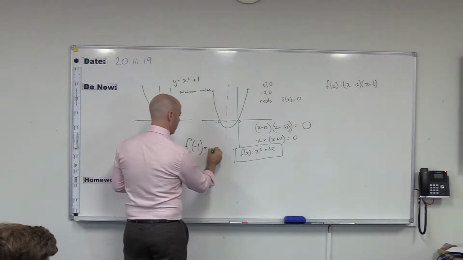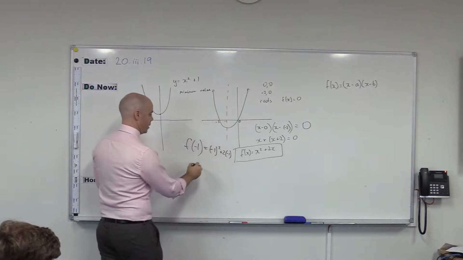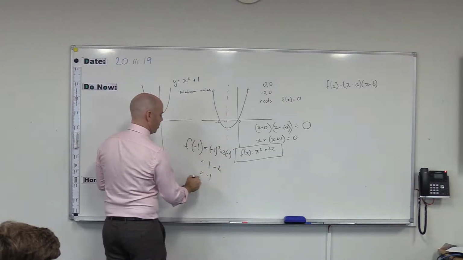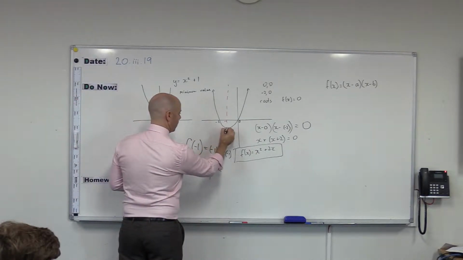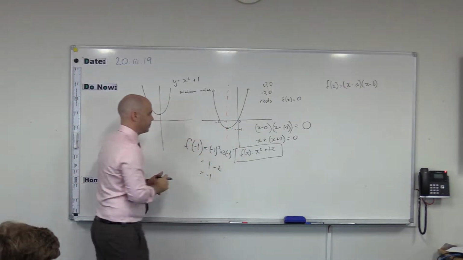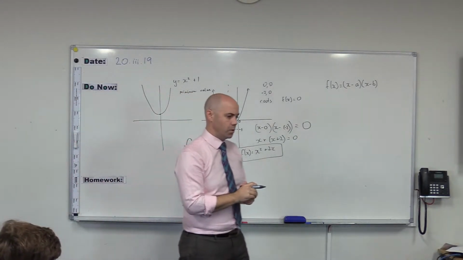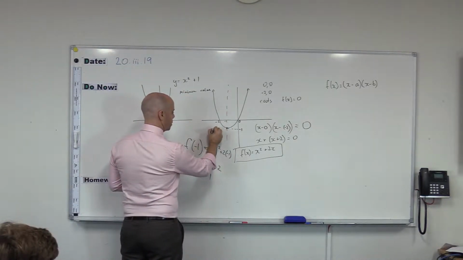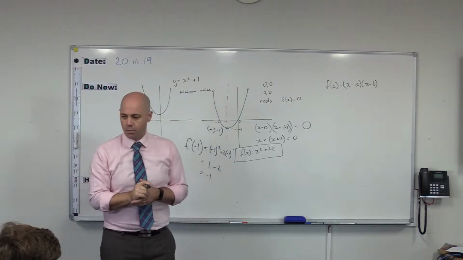Okay. -1 squared plus 2 times -1 equals 1 minus 2 equals -1. So the value of the function there is -1. Not only is it at x equals -1, but it's also at y equals -1 there as well. So its minimum point is -1, comma, -1.